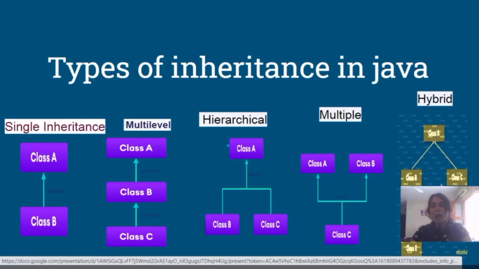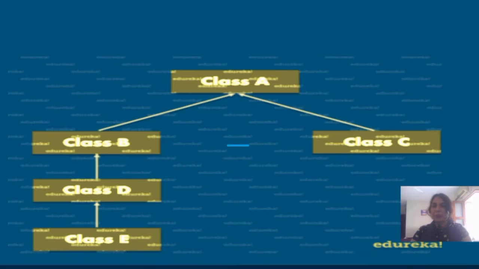So what is a hybrid inheritance? Actually, hybrid inheritance is a combination of more than one type of inheritance. In the above diagram you can see class A is inherited by class B and class C, so this block is known as hierarchical inheritance.